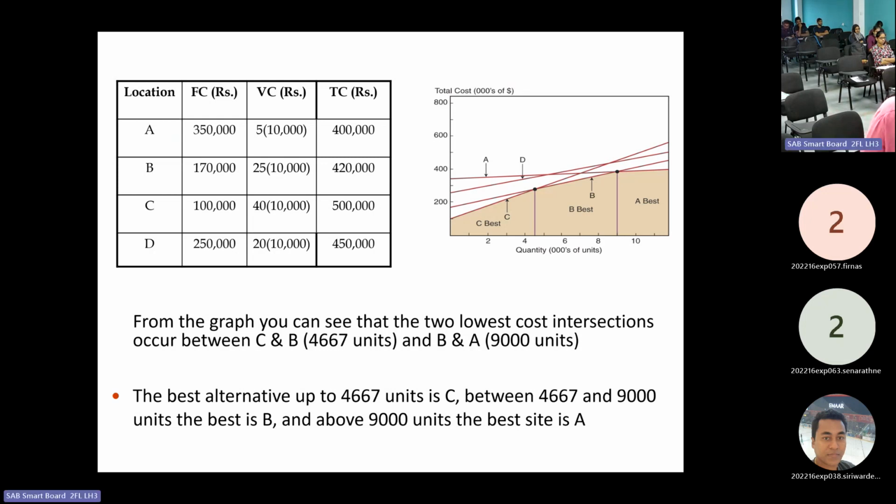Understood? That is how. Now, one might ask, to draw a line, a total cost curve, we at least need 2 points to connect. But we have only one point, that is at the 10,000 level. How can we draw a line, a total cost curve?